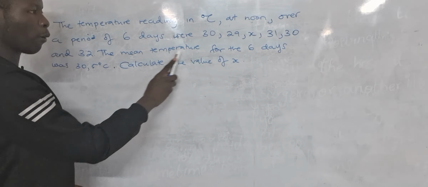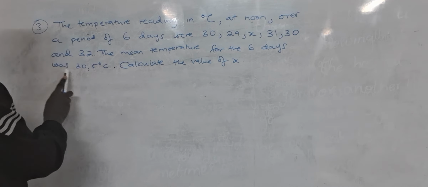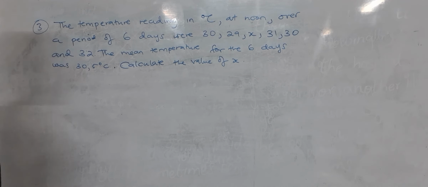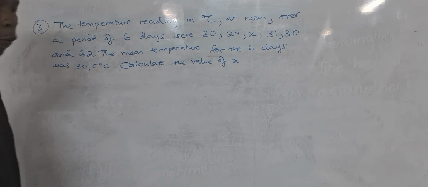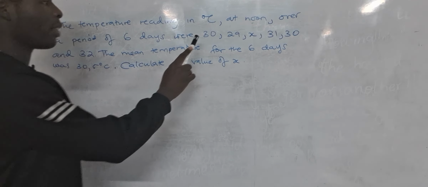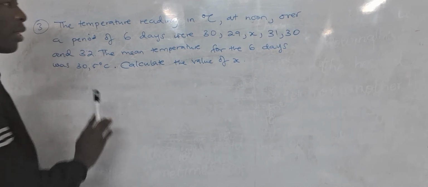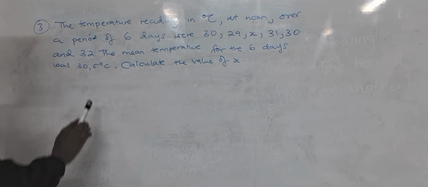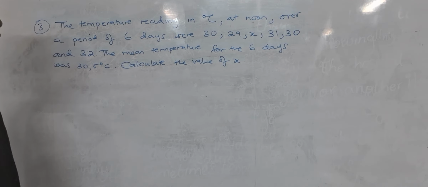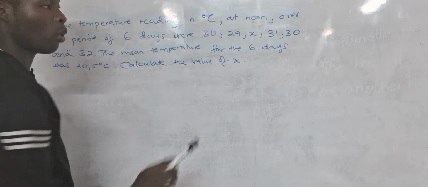The mean temperature for the 6 days was 30.5 degrees Celsius. Calculate the value of x. So you are given the temperatures for the 6 days, and the mean temperature is also given. So you are supposed to find the value of x.